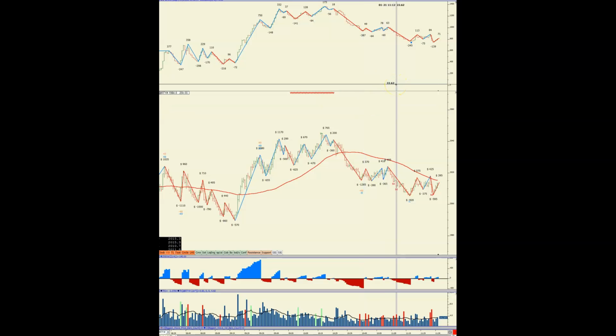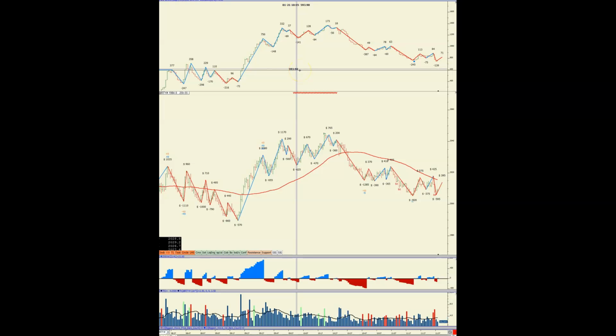Together, yes, you have price, volume, and time, but there's something to be said about the breadth of the market when indexes are concerned, and understanding its internals.